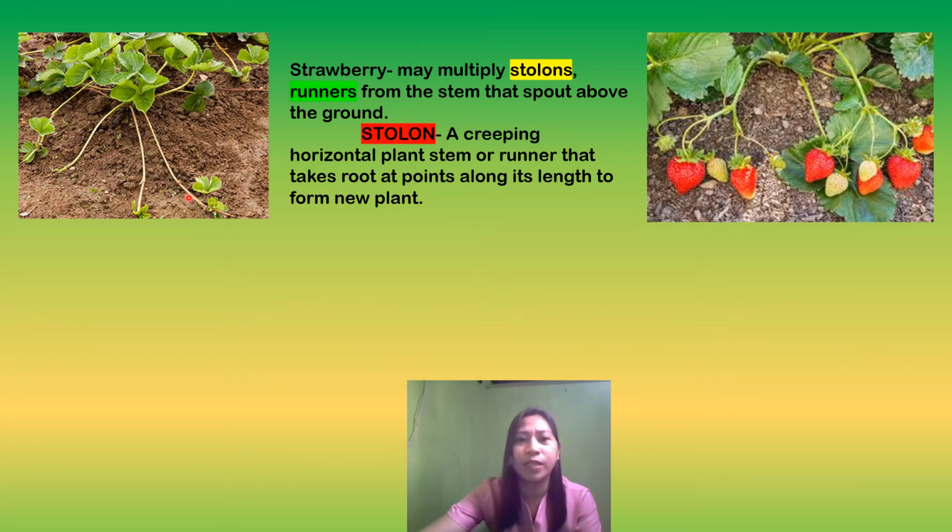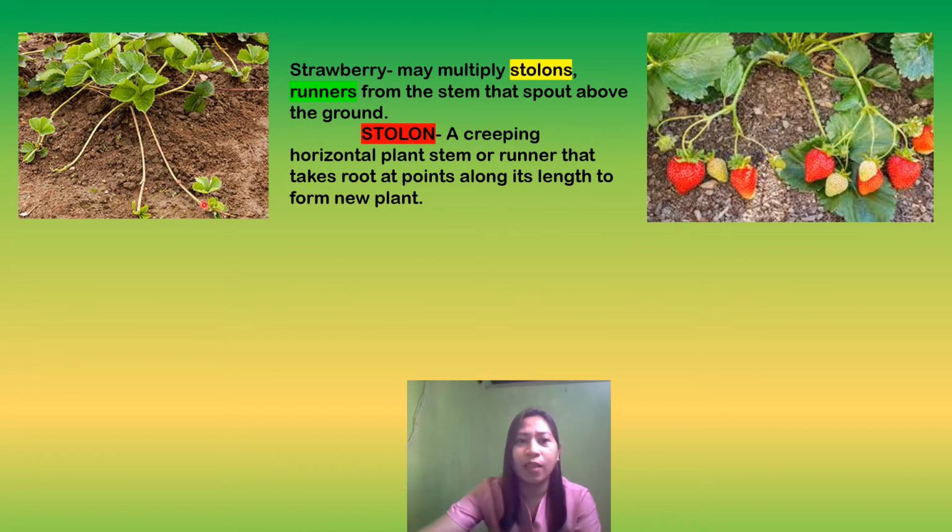These are stems that sprout above the ground. And look at that end of the runner. It has a new plant. So here, when this plant grows roots, that starts a new plant. All right, so they are runners. This is the mother plant.